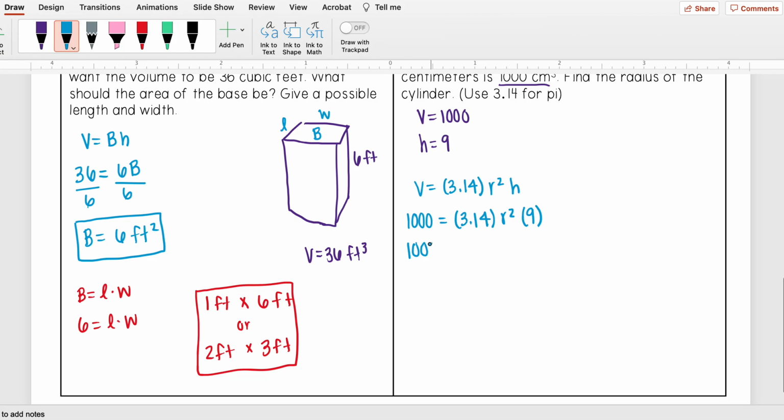So I have 1,000 is equal to 3.14 times 9, which gives me 28.26 R squared. I want to get R by itself, so I need to divide both sides by 28.26.